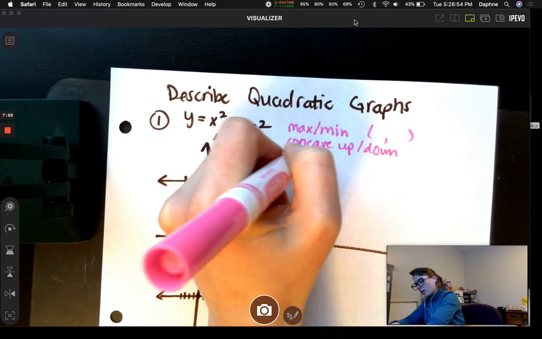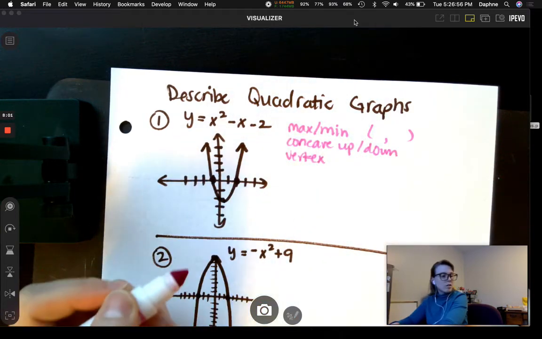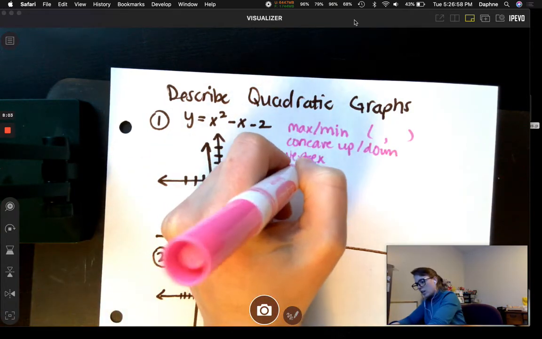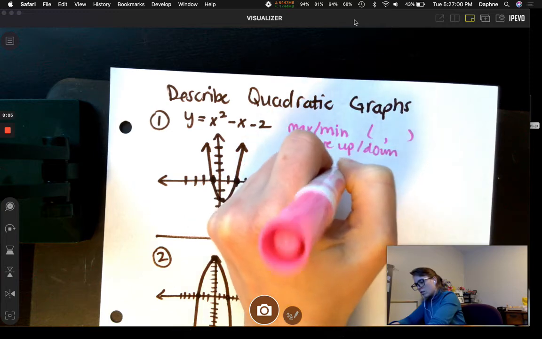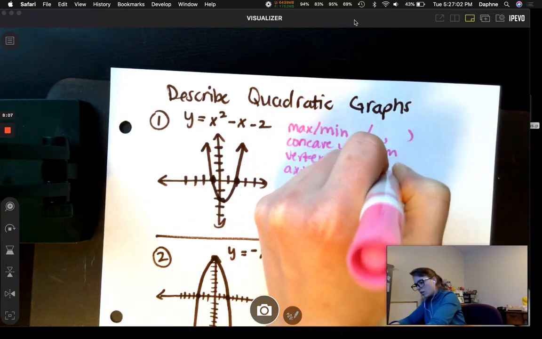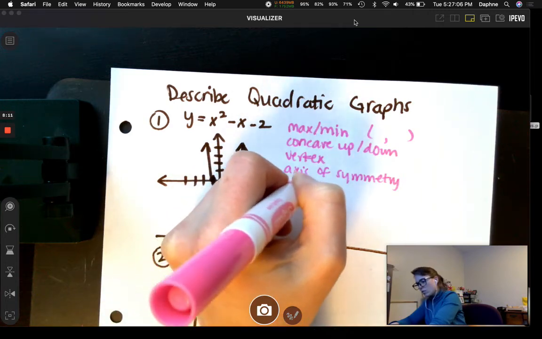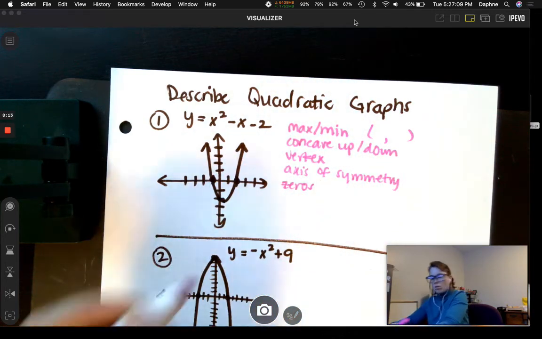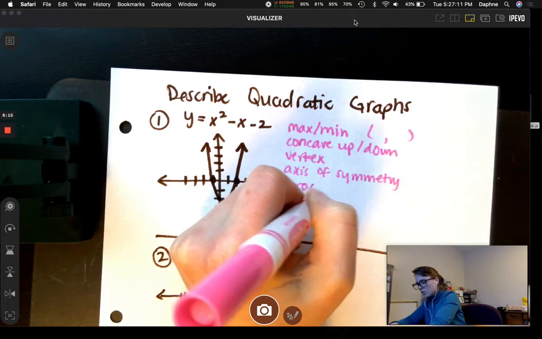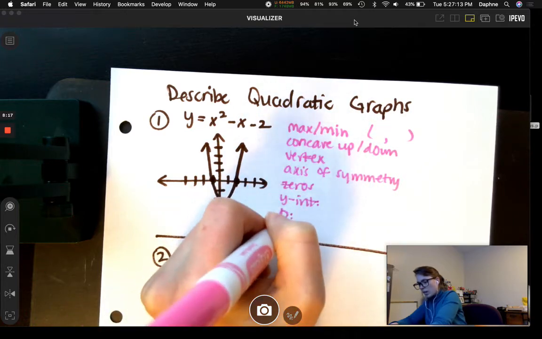Where's the vertex, and what is the vertex? What is the axis of symmetry? What are the zeros? What's the y-intercept? And what's the domain and what's the range?